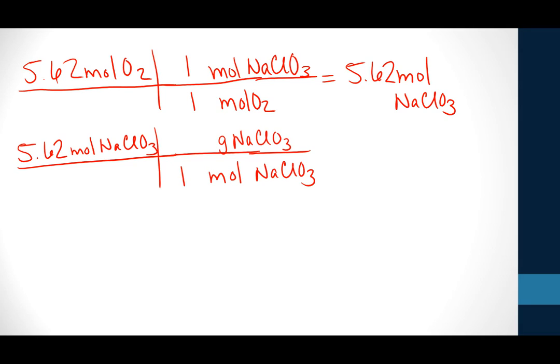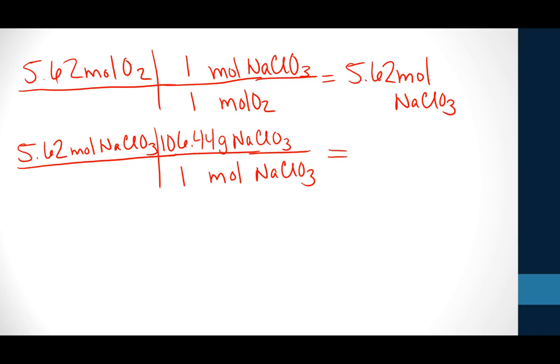NaClO3. In 1 mole of our sodium chlorate, we're going to have 3 oxygens, which is 15.999, plus a chlorine, which is 35.45, plus a sodium, which is 22.99. So this has a molecular mass of 106.44.